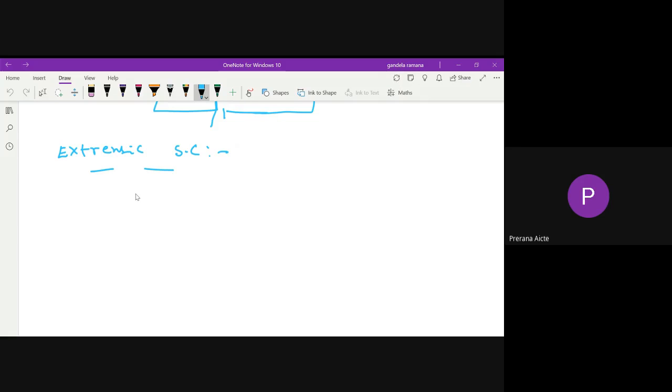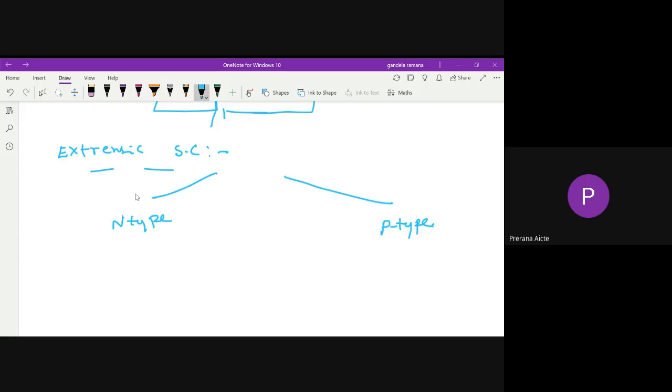In extrinsic semiconductor, two types are there: N type, P type. How can you say this one is N type and this one is P type?